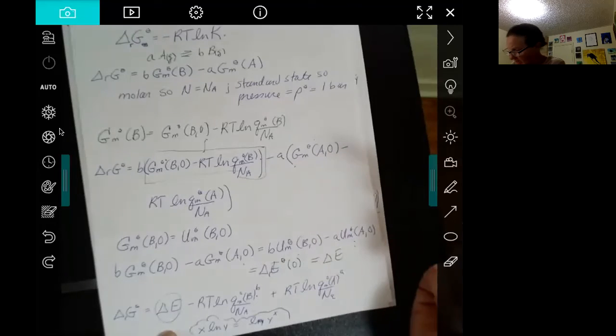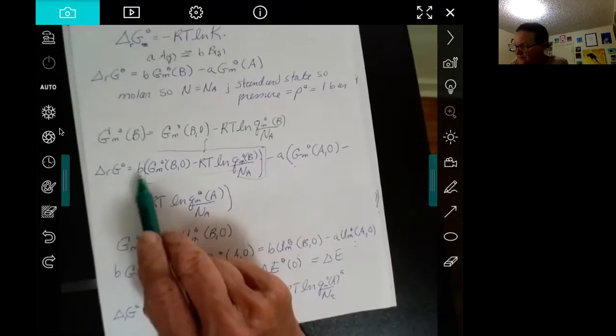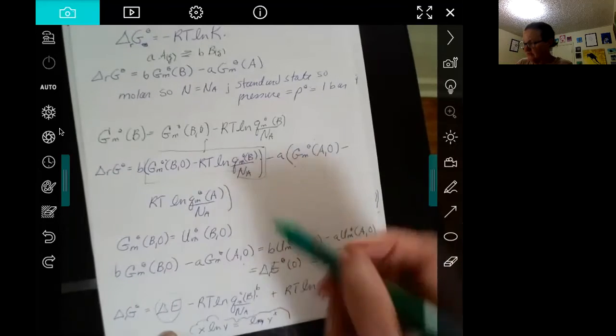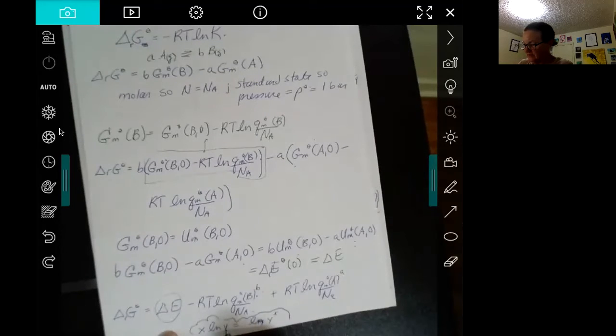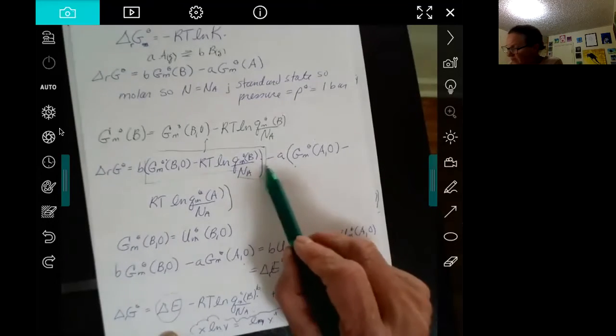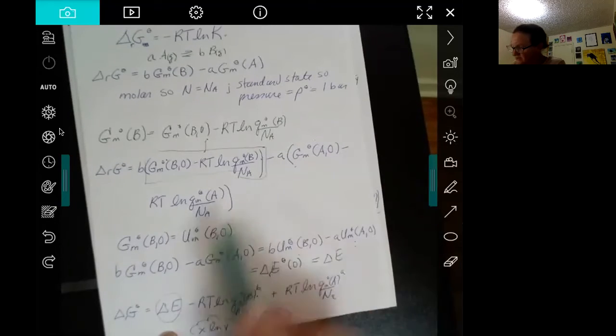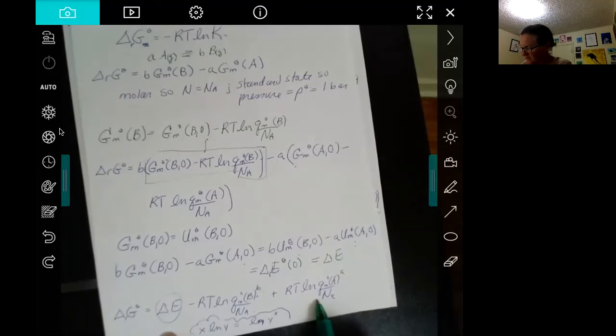The way that works out is that if you have B times RT ln of something, it's true that x times ln of y equals ln of y to the x. So we can put the B up here. And then we have negative and negative, two negatives, which make this guy positive.